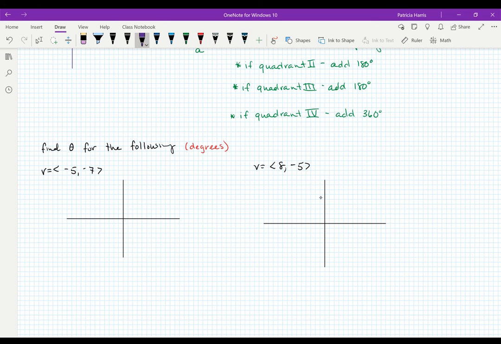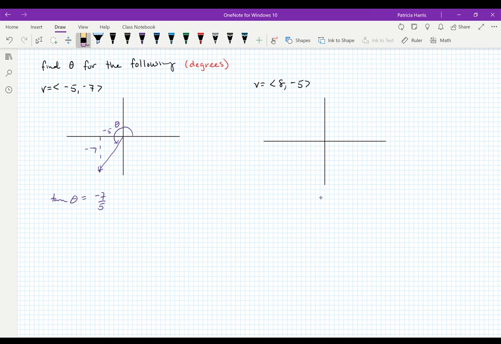So -5, -7, about right here. Theta is this guy, right? I'm going to draw my triangle like I normally do, with -5, -7, and I'm going to use tangent theta equals -7 over -5.